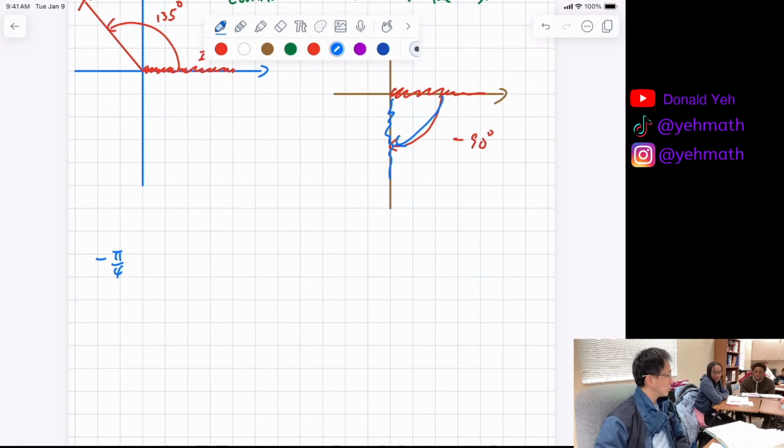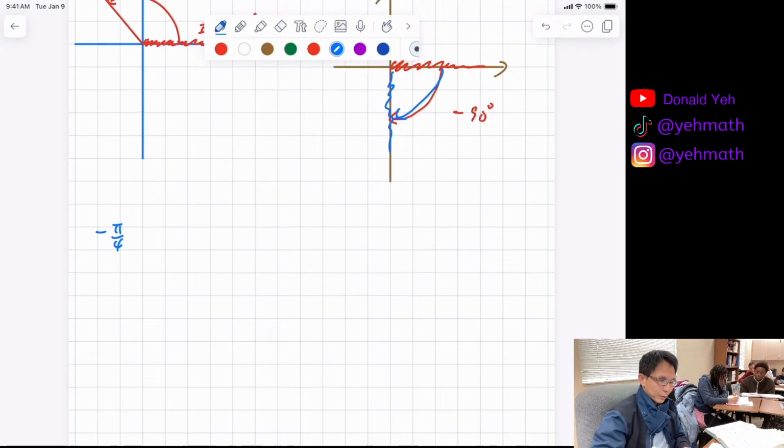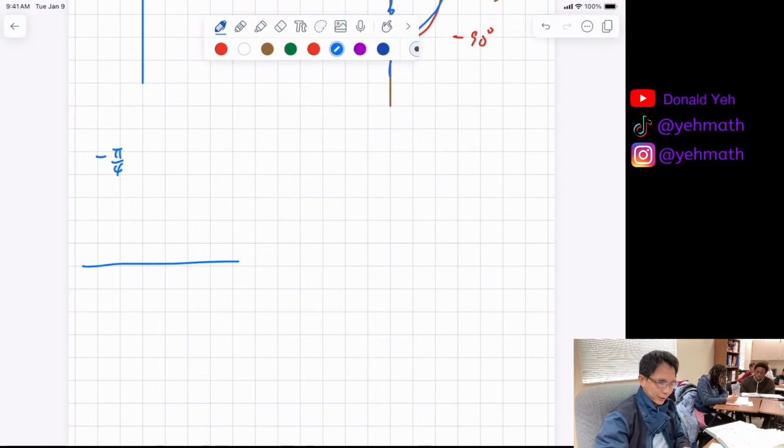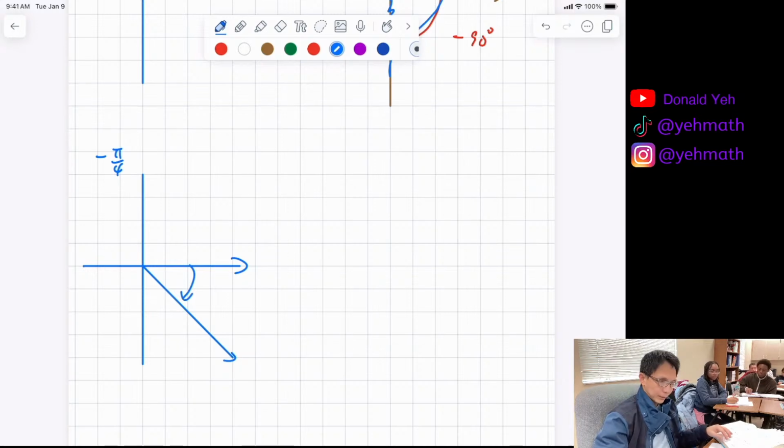How do I draw it? Clockwise, but how many degrees though? So Austin can figure out that's 45. Can the rest of you figure out 45? 45 is half of 90. And that's it. This is negative pi over 4. So that's how you draw it. Okay.